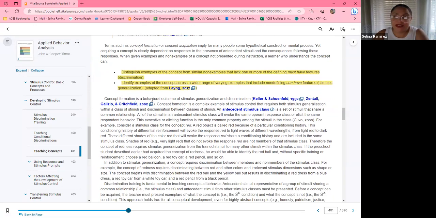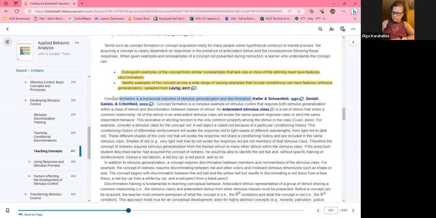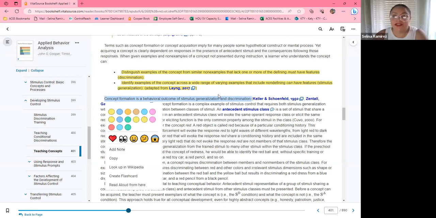So concept formation is a behavioral outcome of stimulus generalization and discrimination. So that concept formation is basically like your ultimate goal, right? Because we want them to be able to generalize, and so concept formation is going to be your ultimate outcome that you want.